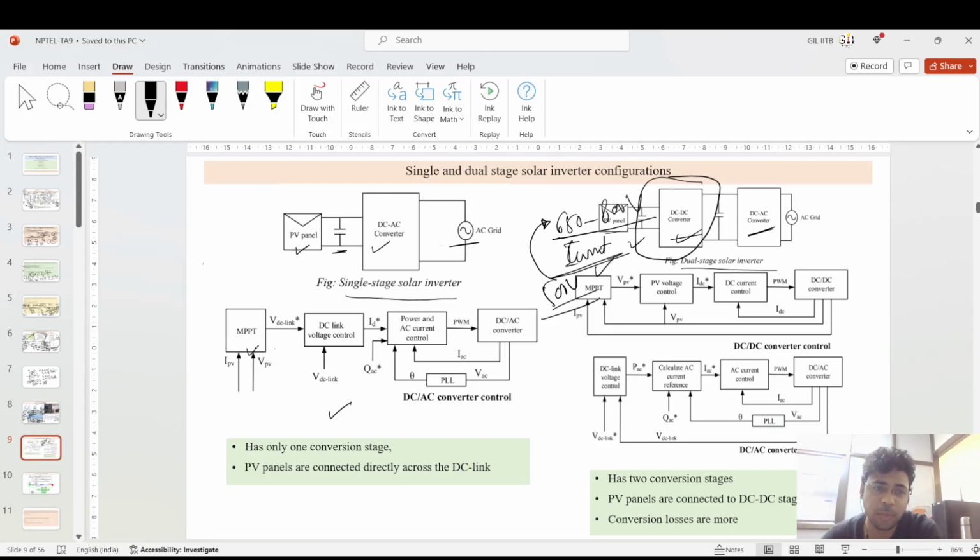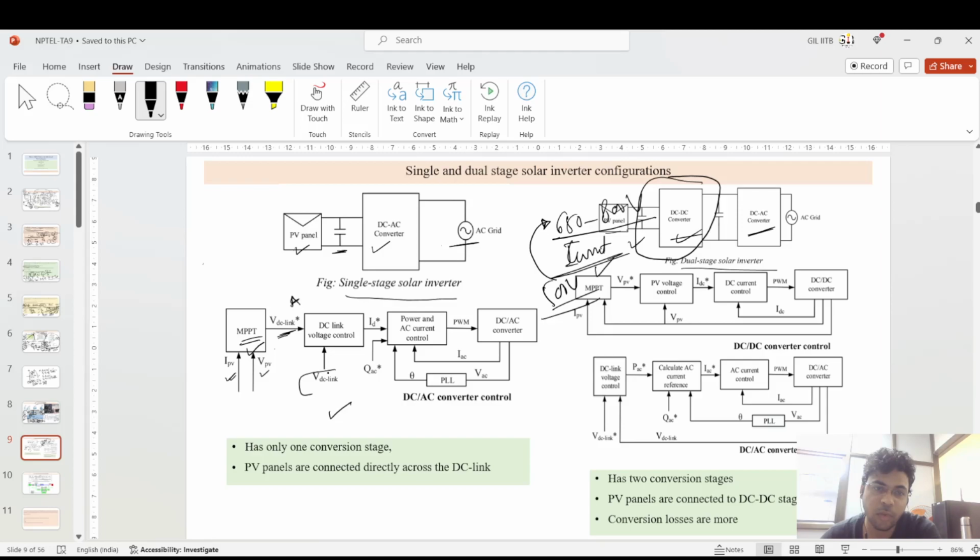If you see the control architecture of the single stage solar inverter, on the left side you have the MPPT algorithm, which takes the VPV, as I told you in the P&O method also. It takes samples of the V and I values, then feeds them to the MPPT controller.